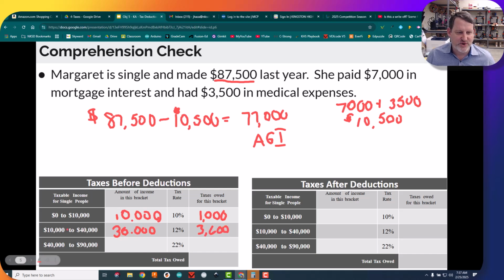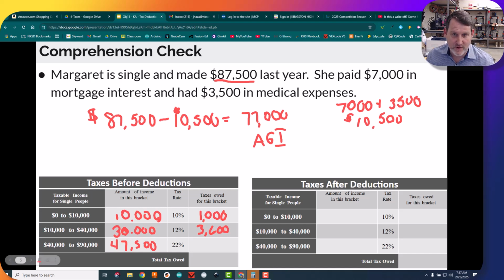I don't know if these numbers agree with today's. These might be older numbers. Just don't worry about that too much. This is just showing you the effect of the tax write-off or the tax deductions. And then, so right now we've got $40,000 of her money placed. We still have $47,500. So we're going to do $47,500 in this last bracket, which it fits in easily.